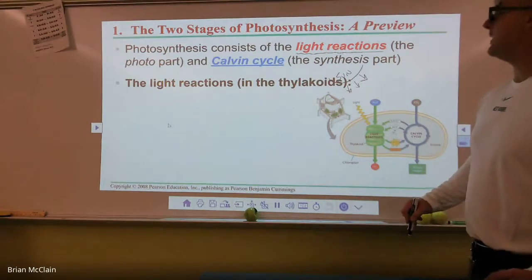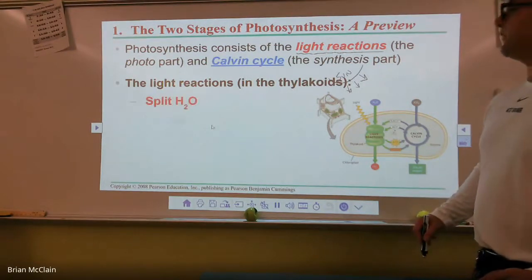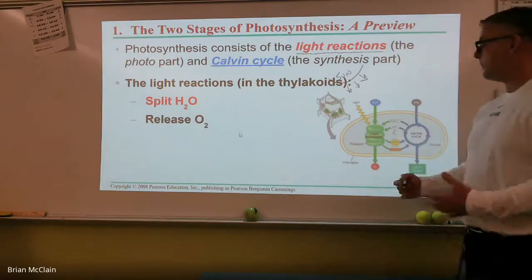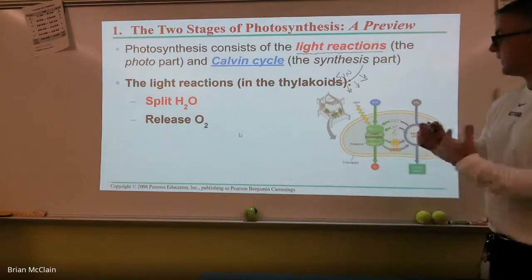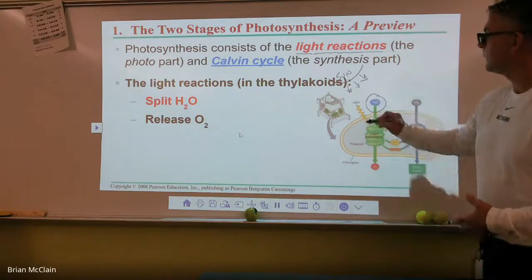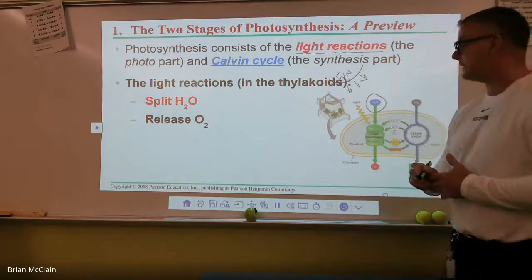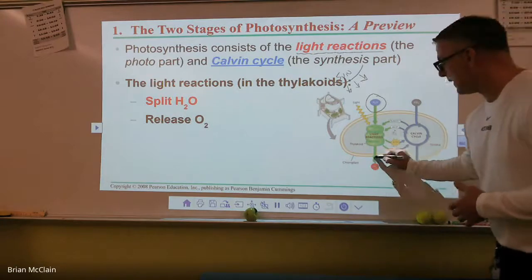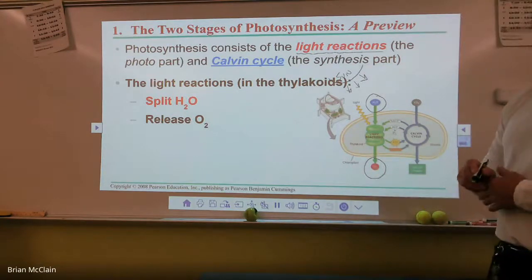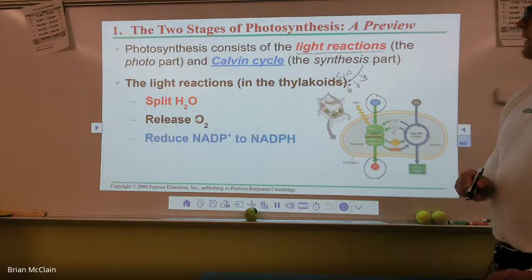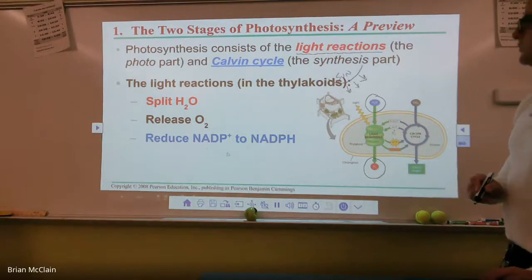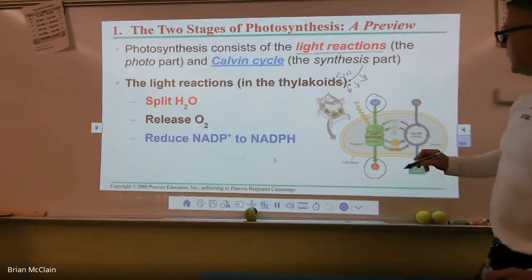So the light reactions are going to take place in the thylakoids, and the big thing that we're going to see is that they're going to take in water. So the investment of water, the investment of light, and we're going to see some oxygen being released out of that situation. And we're going to see the redox reaction.